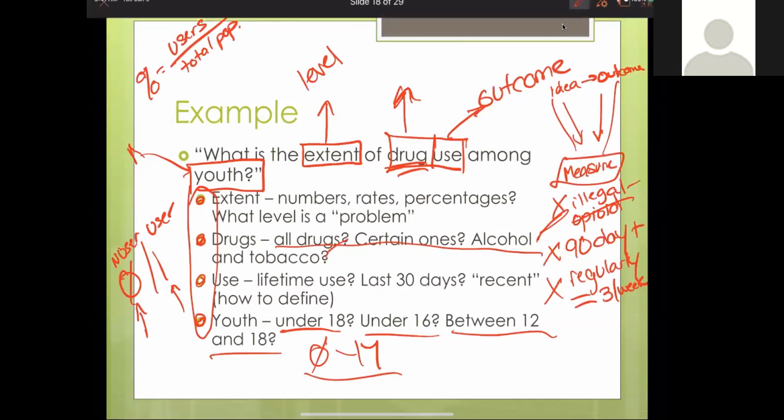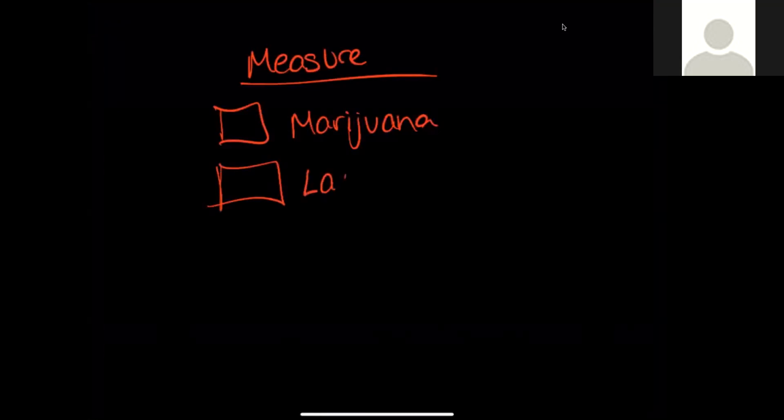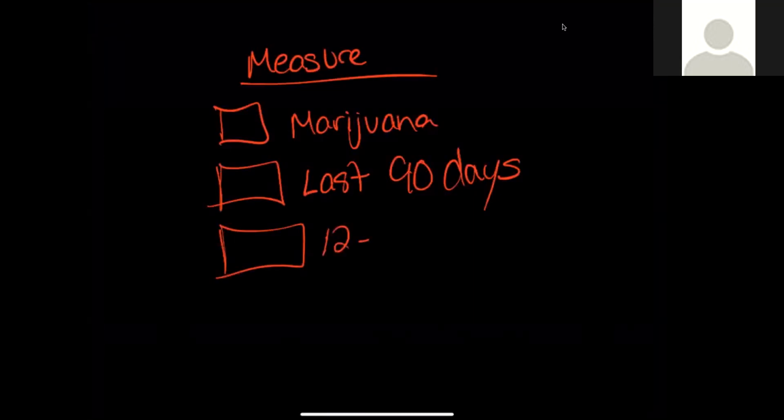The good news is, what you're really talking about is funneling to the point that you're making a checklist, and so you can say: yes, marijuana; yes, last 90 days; must be 12 to 17 years old; must use 3+ times per week.